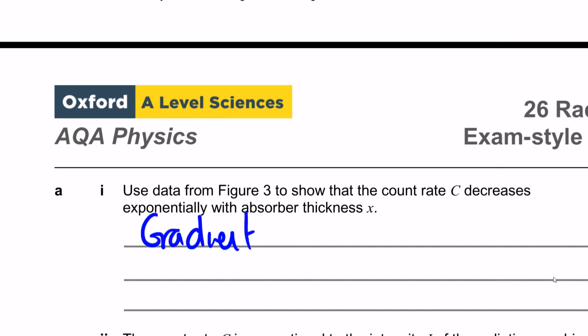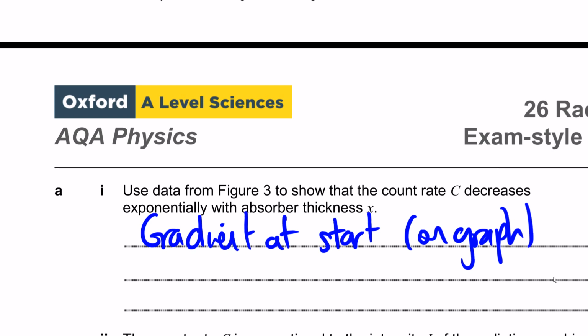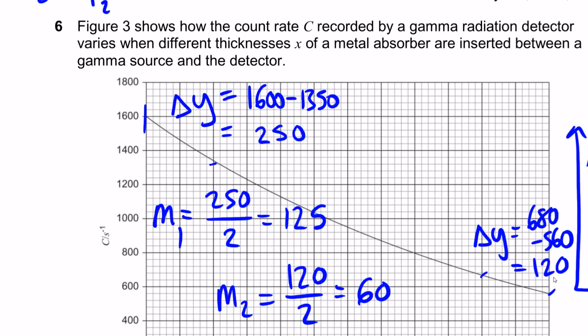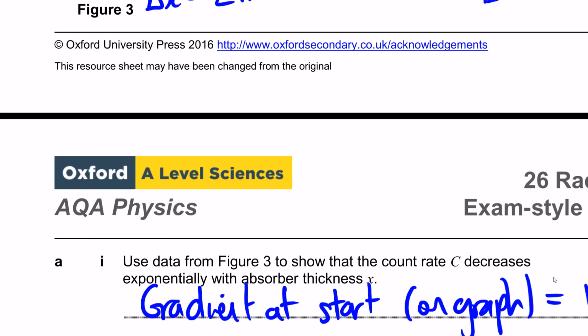Gradient at start, just put on graph, equals 125. The units of these are counts per second per millimeter. Gradient at end on graph equals 60 counts per second per millimeter.